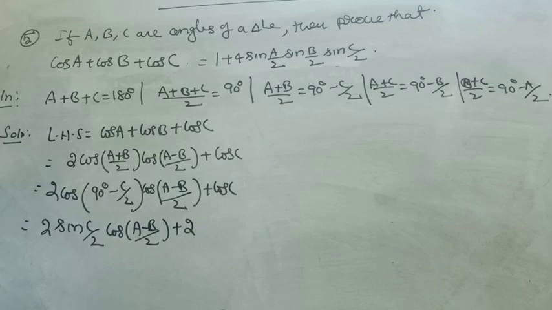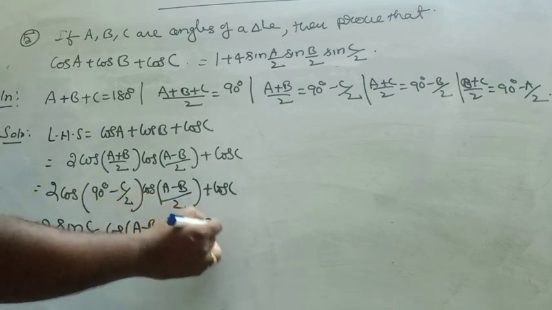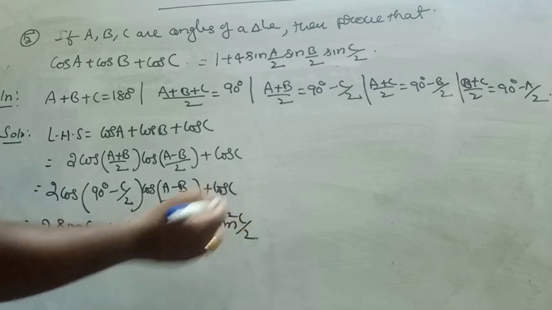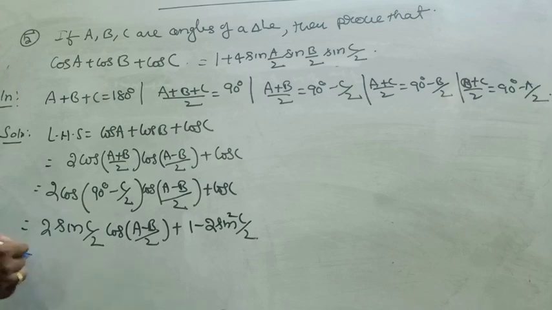Cos C is nothing but, we have 4 formulas, one formula I will write as 1 minus 2 sin square C by 2. Wonderful. Now 2 sin C by 2 I will take common here.